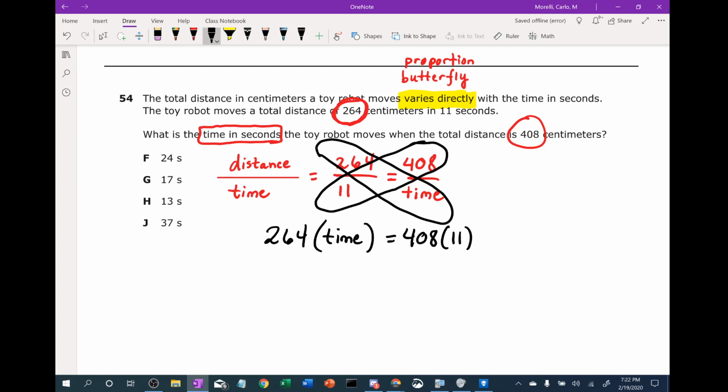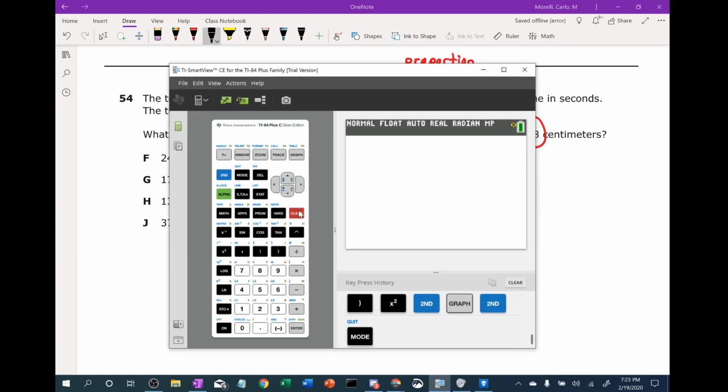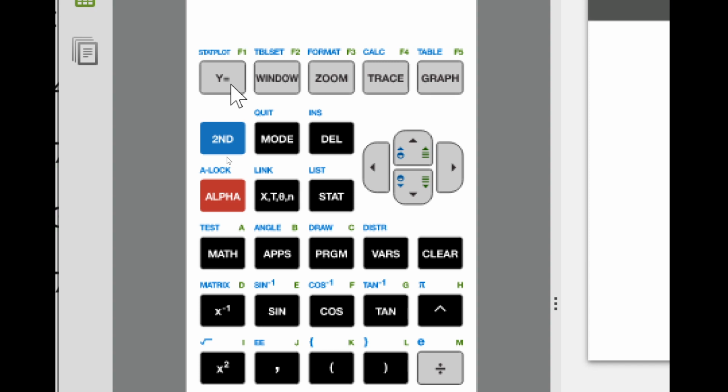And so now time equals 408 times 11 over 264. And we can put that in parentheses. And so we just go to our TI calc. Okay, so we're going to do alpha y equals enter.